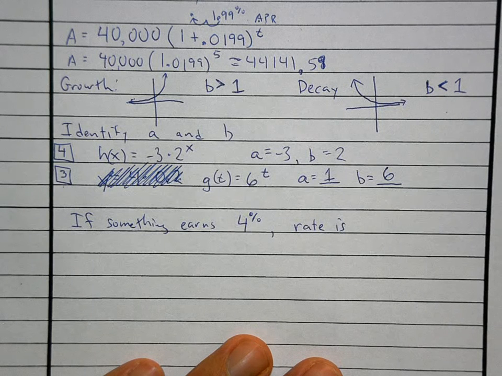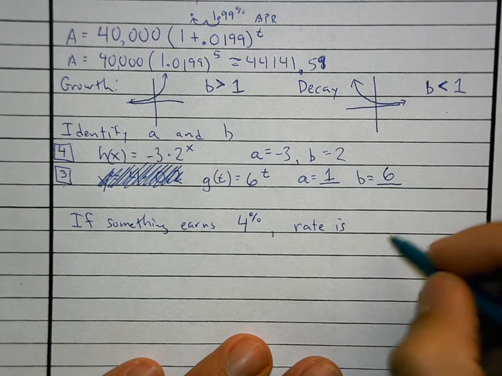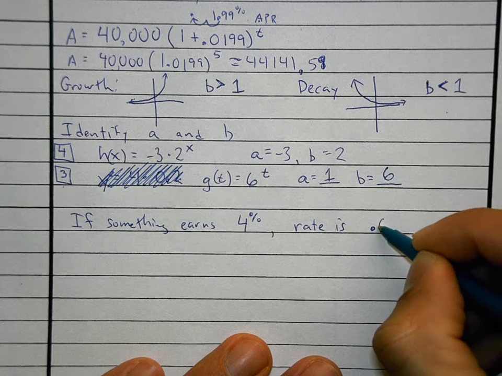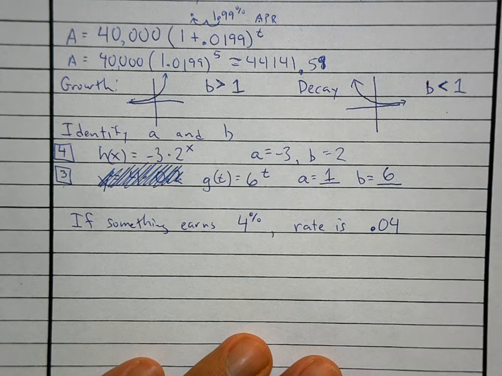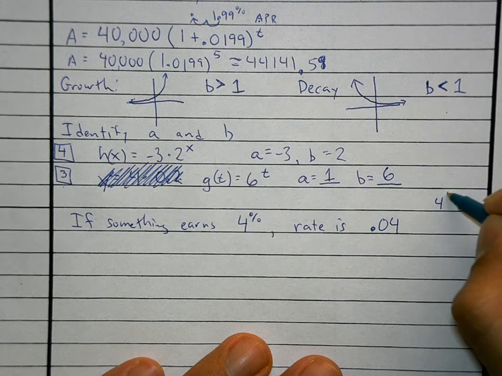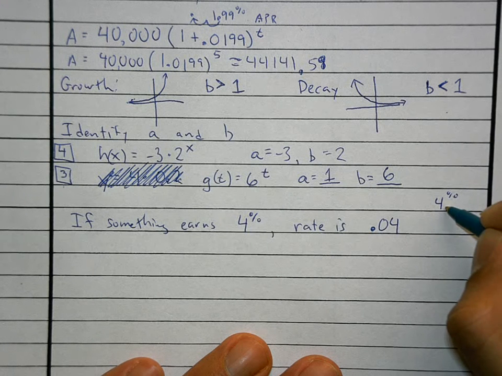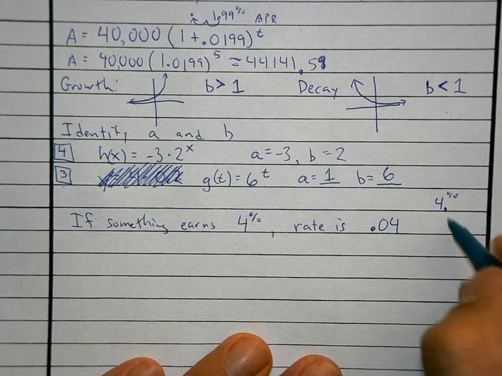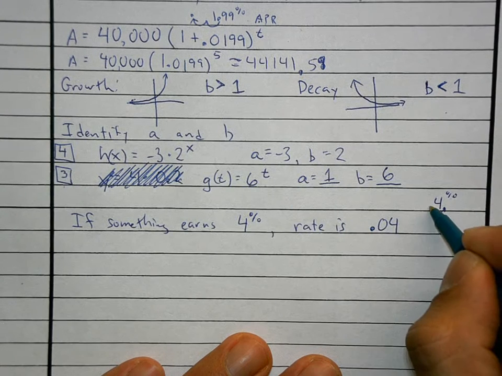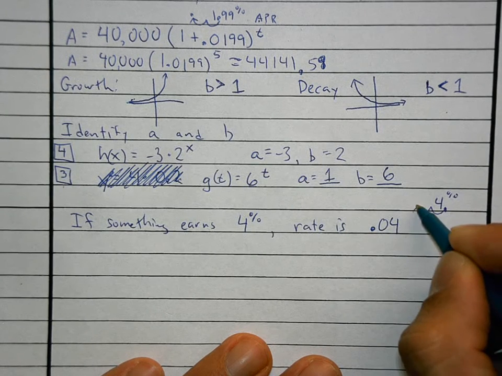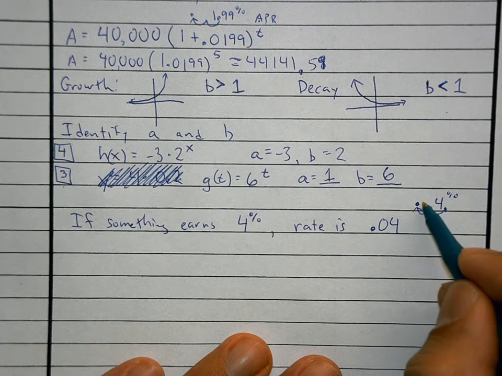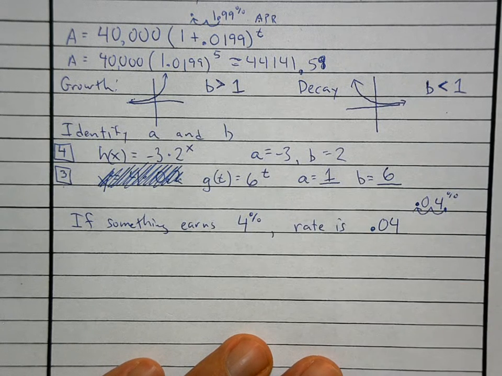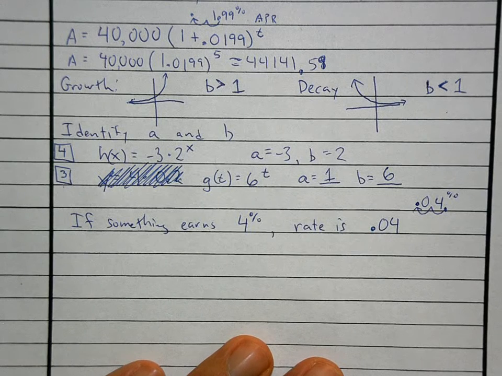Which way? Okay, so this is 0.04, by the way. So let me show you 4%. I'm going to write it off here to the side. There's an invisible decimal place that's right to the bottom right, and then it moves to the left 2 places, which means we have 0.04 is our rate.